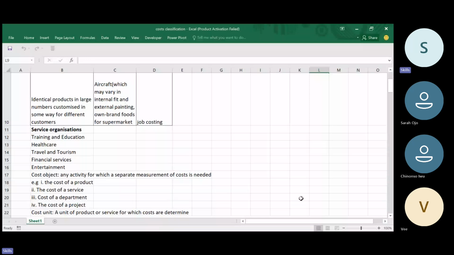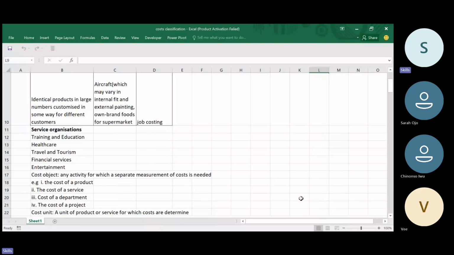They are not products that you will exchange your resources for, but they are services that you can feel. Financial services, entertainment, all these are service organizations. They don't produce any product, but they provide services, and you pay to enjoy these services.